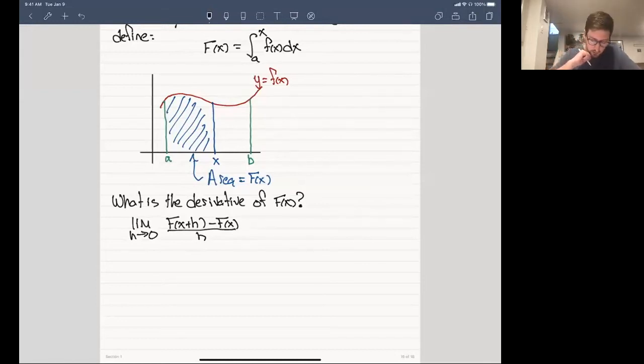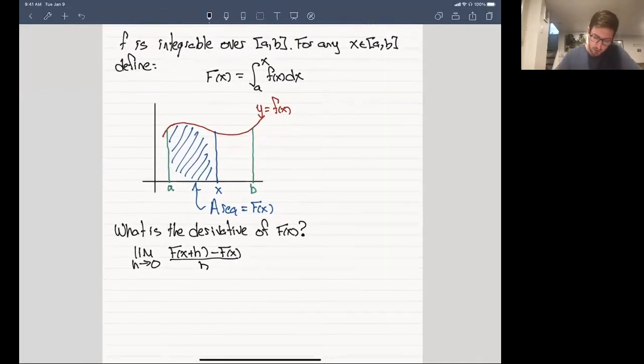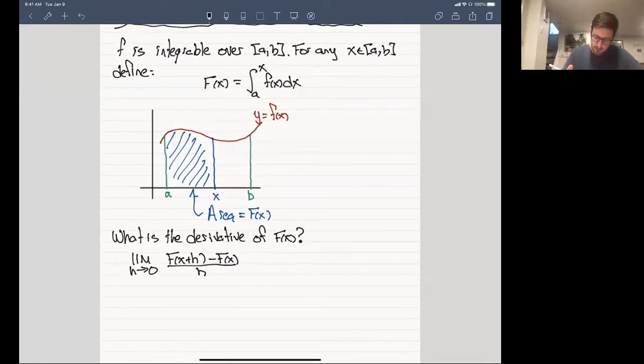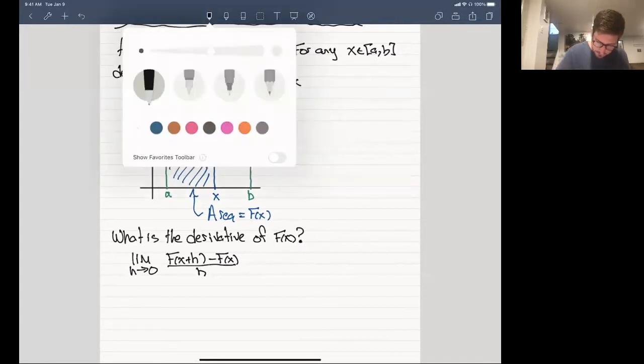The question is, what is capital F of x plus h? Well, let's go back to my picture above, right? We said that capital F of x is really like calculating an area. So since this is determined in terms of an integral, let's think about it in terms of Riemann sums for a moment.